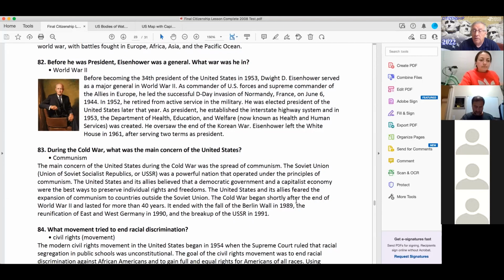It was mostly a political war, and it was fought between communism and the free world. And question number 83 has to deal with that. During the Cold War, what was the main concern of the United States? And the answer is communism, or the spread of communism. Our political system, our market economy, our Republican government, and democracy are opposed to communism.